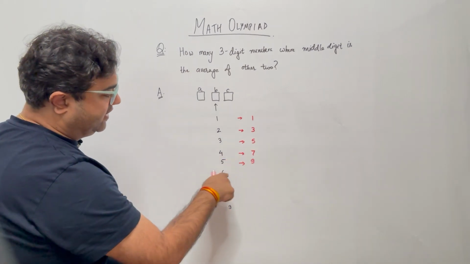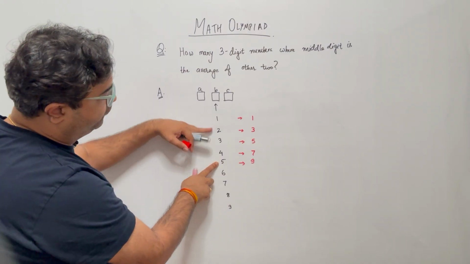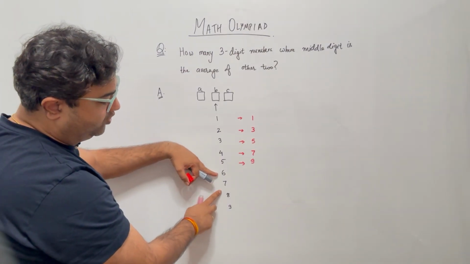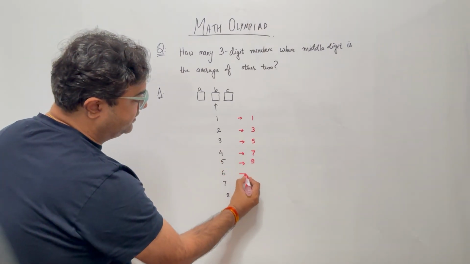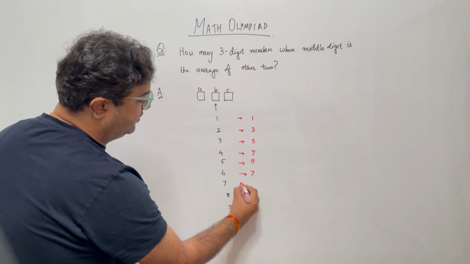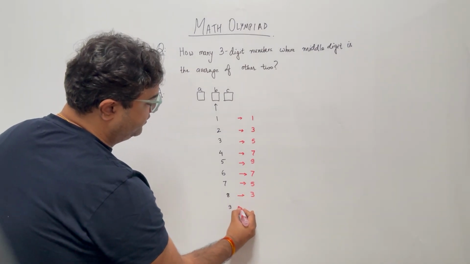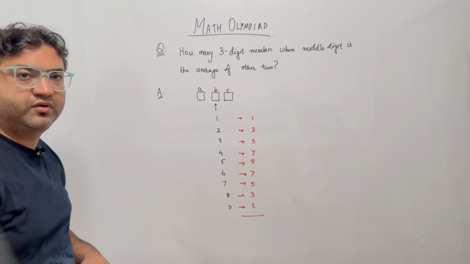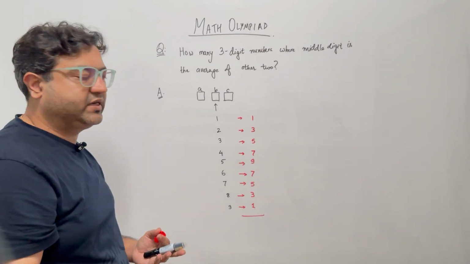Again, for 4, there will be 2 more additions, so 7. With 5, there will be 2 more additions, so 9. Then it will decrease because now we are losing. From 5, you can go 4 on the top and 4 on the bottom. But for 6, you can go only 3 down and 3 on the top. So it will be again 7, then 5, then 3, and then 1. These are the total number of 3-digit numbers that can be formed.